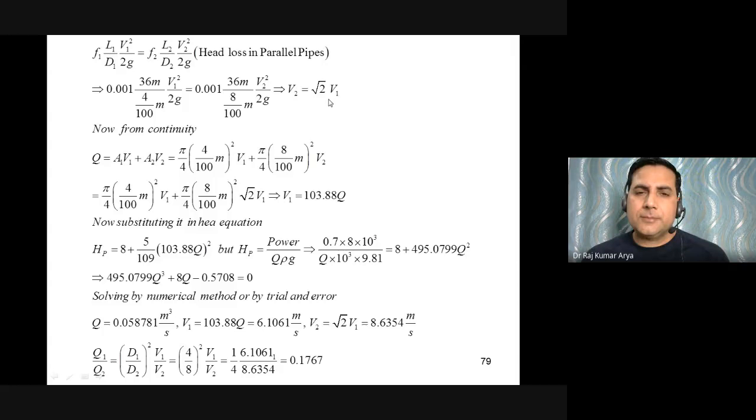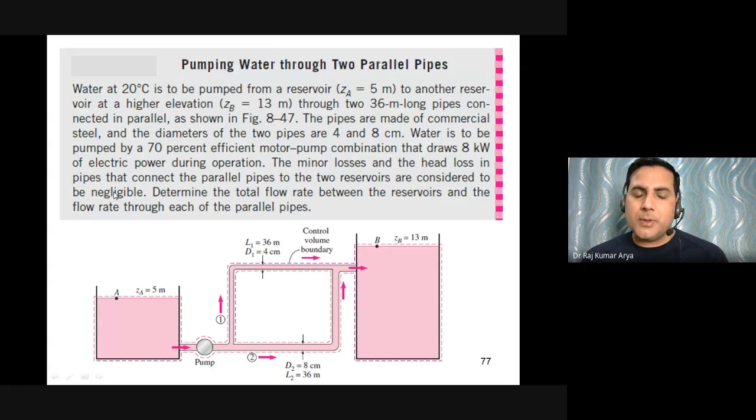After that, whatever flow is coming from here by this pump, it gets divided into two parts. One will go to pipe 1, the other will go to pipe 2. So your total Q would be Q1 plus Q2, right?